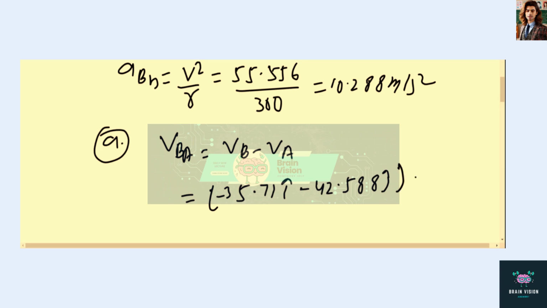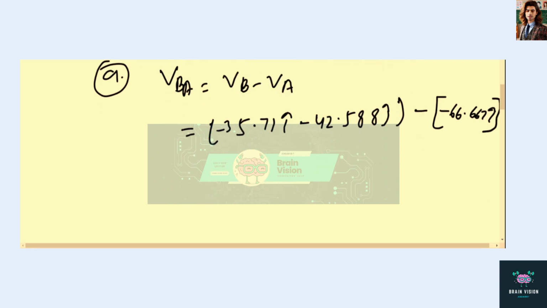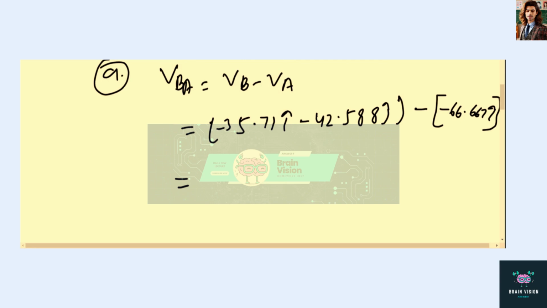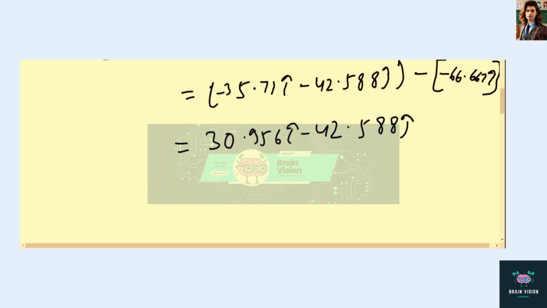We subtract VA from this, and A has only the horizontal component in the negative x direction, so minus 66.667 I cap. After the calculation this will become 30.956 I cap minus 42.588 J cap, as it is, because there is no component in A.